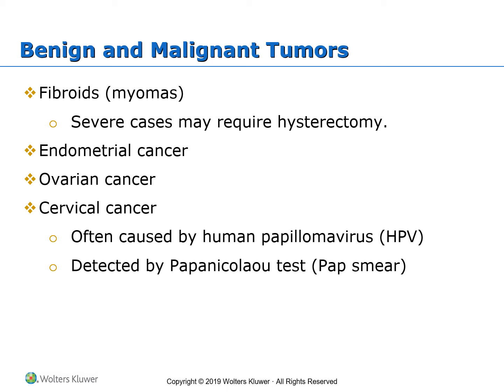Ovarian cancer, on the other hand, is the second most common reproductive tract cancer in women, and it's seen most commonly between ages 40 and 65, and it's the leading cause of cancer death in women. Most ovarian cysts that develop are non-malignant.